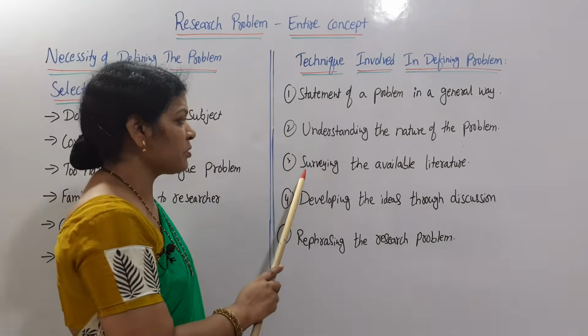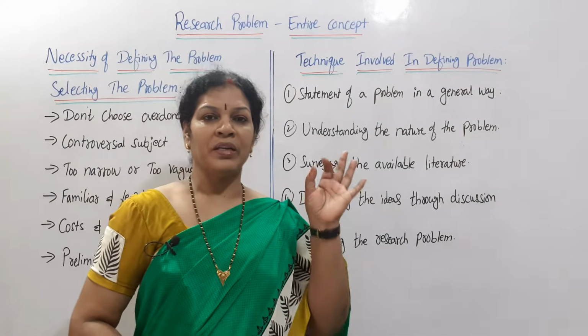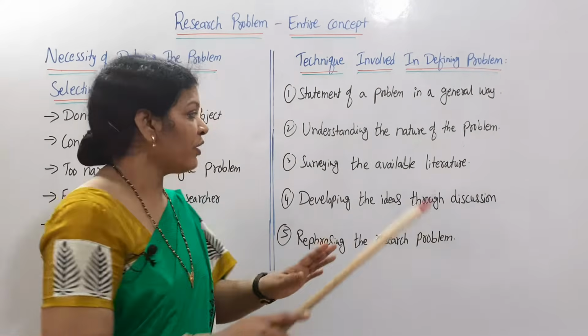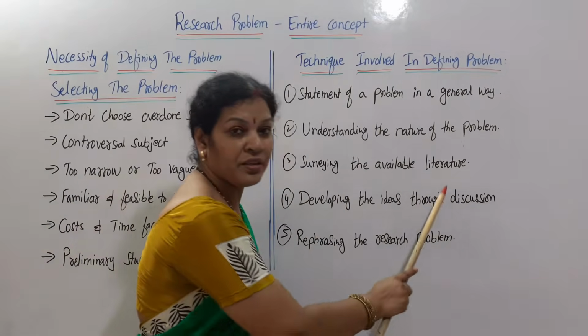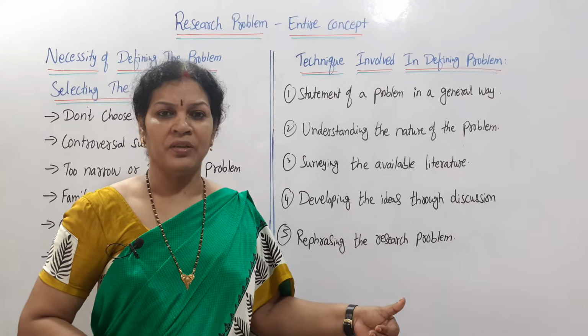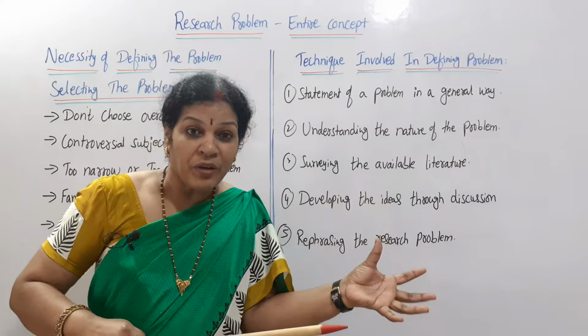Then the third point comes to surveying the available literature. Whatever problem you have chosen, related to that, you have to go for an ample literature survey. The more literature survey you do, the more information and the more background of that problem you will get.